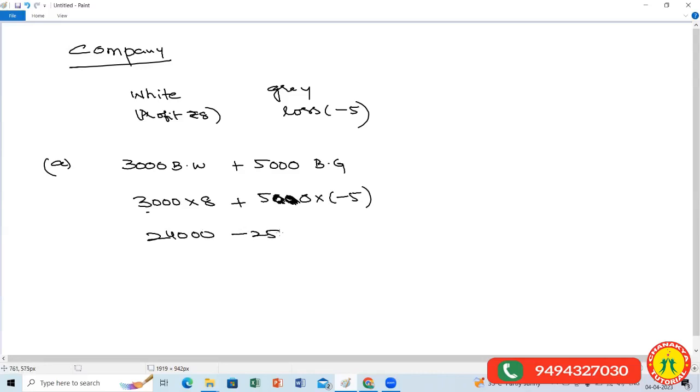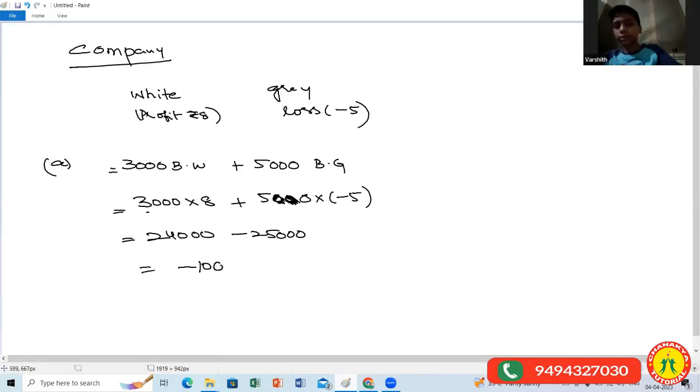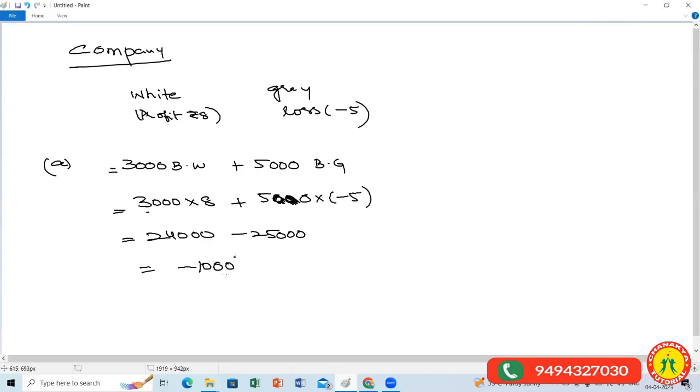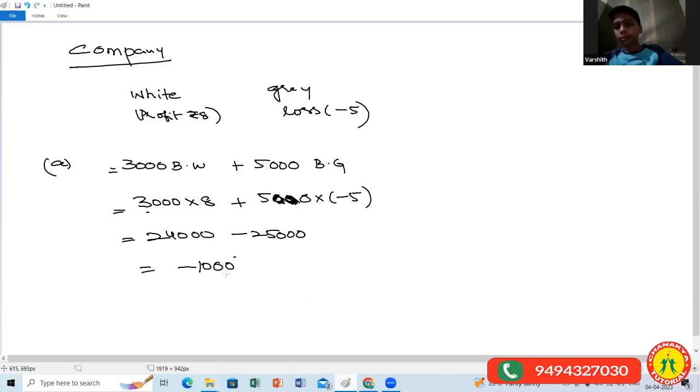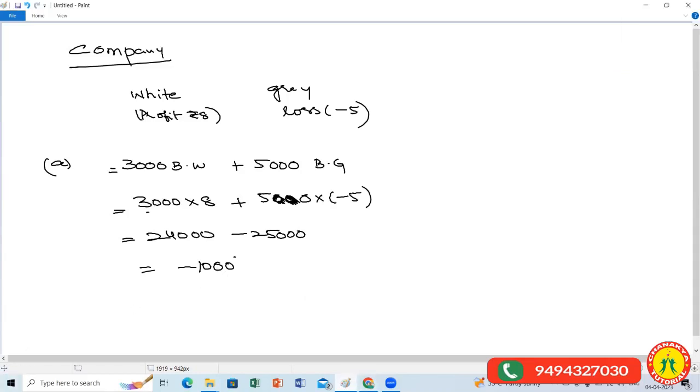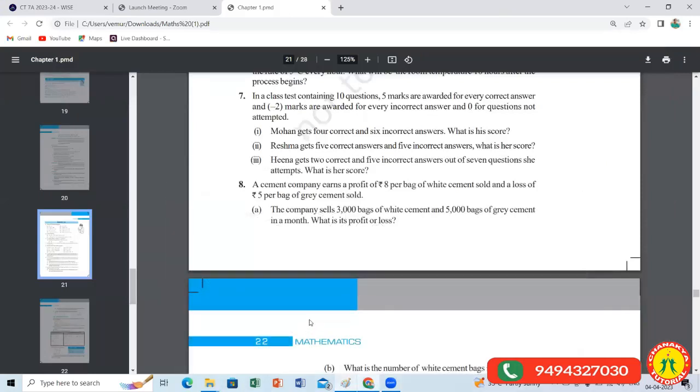Minus 5 5s are 25,000. What is the company getting? Loss. How much loss? 1,000 rupees, ma'am. Loss of 1,000 rupees. In the first case, they are getting a loss of 1,000 rupees.